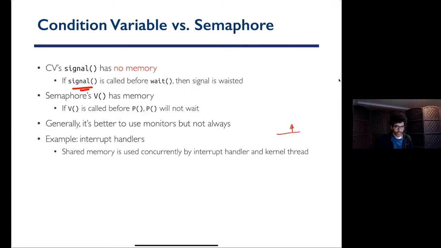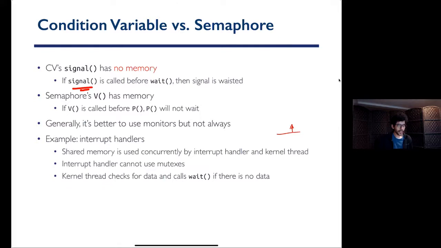So, for example, you want the SSH daemon to just wait if there is no data. Maybe this kernel thread calls wait, checks the data, there is no data, so it waits. Now you want to wake it up when there is data. Let's say a packet arrives and you DMA it to that memory, and now you want to wake up your thread that was waiting for it.